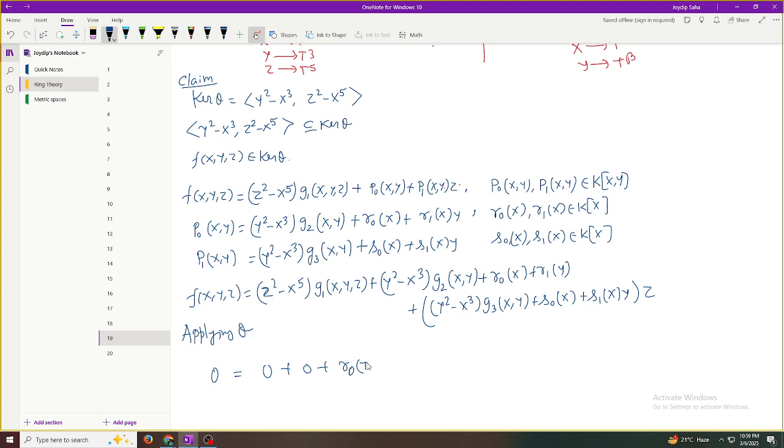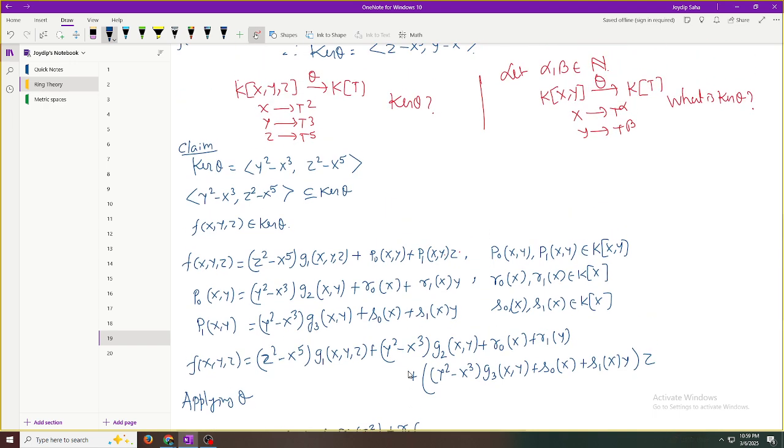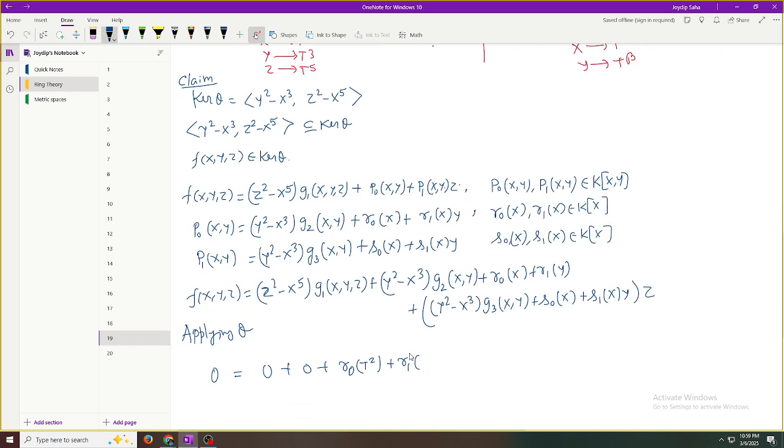Plus r1, what is y, y is t cube, plus s0 t square, s1 t cube.